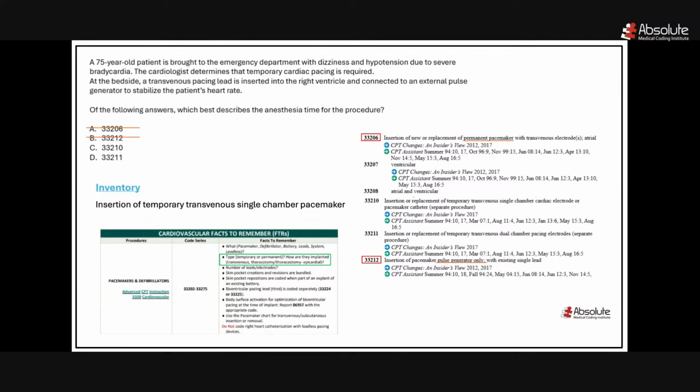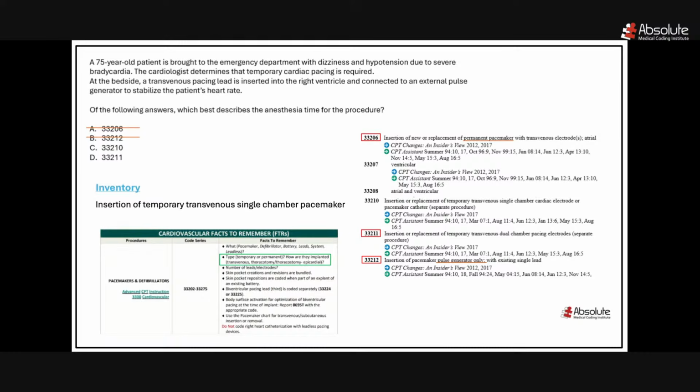I can see most of you have gone with option C. That's the only letter I can see in the chat. Let's see if it is correct or not. 33211 is coding for an insertion or replacement of a temporary transvenous dual chamber pacing electrode procedure, and 33210 is coding for insertion or replacement of a temporary transvenous single chamber cardiac electrode or pacemaker catheter.